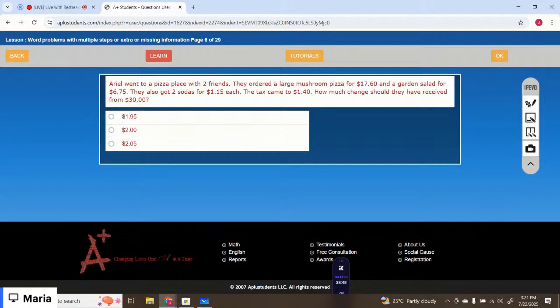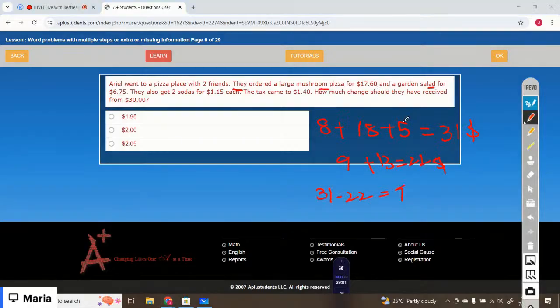How much change would they have received from $30?